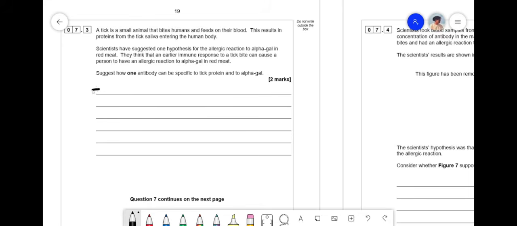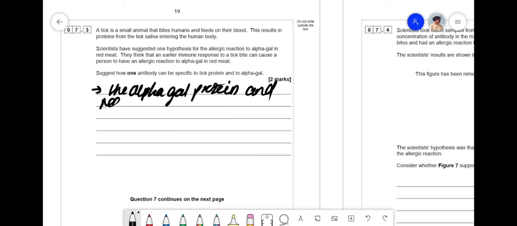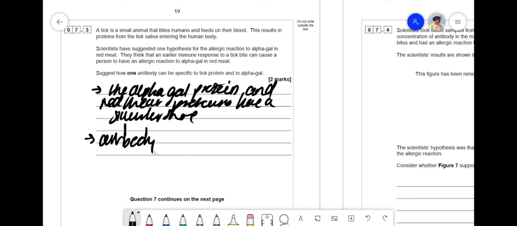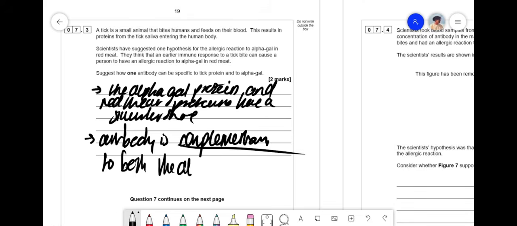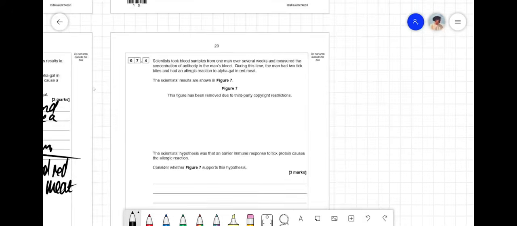So you would say that the alpha-gal antigen proteins and red meat proteins have a similar shape, so the antibody is complementary, this is a key word, to both the alpha-gal and the red meat. That's why it leads to the immune response, because it doesn't know how to tell them apart. If it fits, it sits.